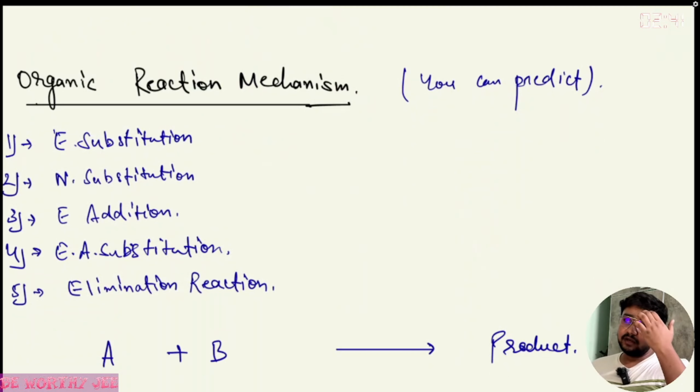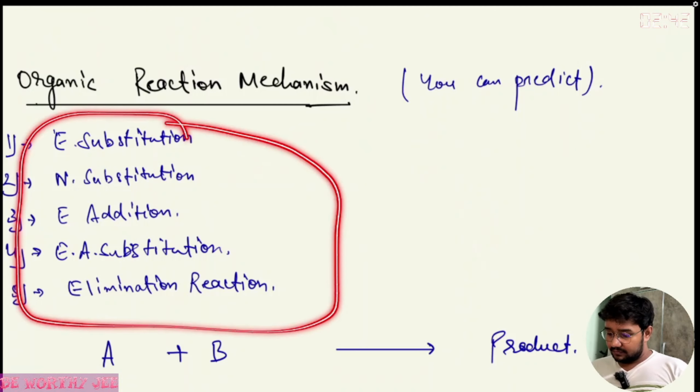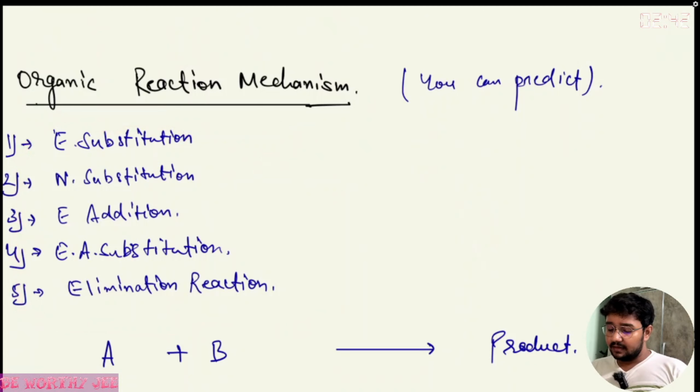Okay, so if we divide organic reaction mechanism into a few topics, then what are the types of reaction that happen? In organic chemistry, basically we divide them into types such as electrophilic substitution, nucleophilic substitution, electrophilic addition, electrophilic aromatic substitution reaction, and elimination reactions, such as E1 reaction and E2 reaction.